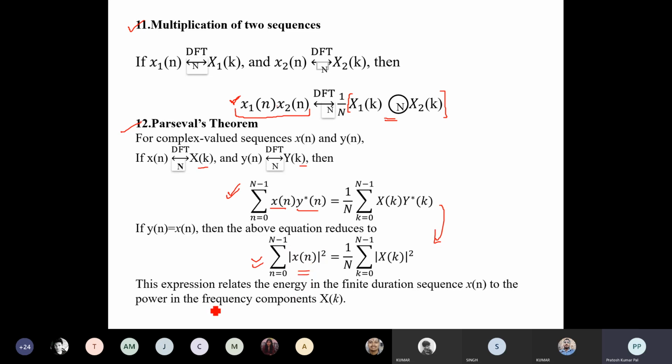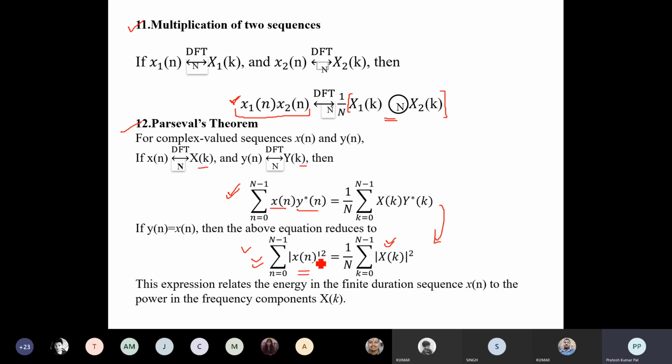So this is called the energy formula. This expression relates the energy in the finite duration sequence x of n to the power in the frequency domain. Here the square of the signal in the time domain represents the energy, and the square of the magnitude in the frequency domain represents the power.